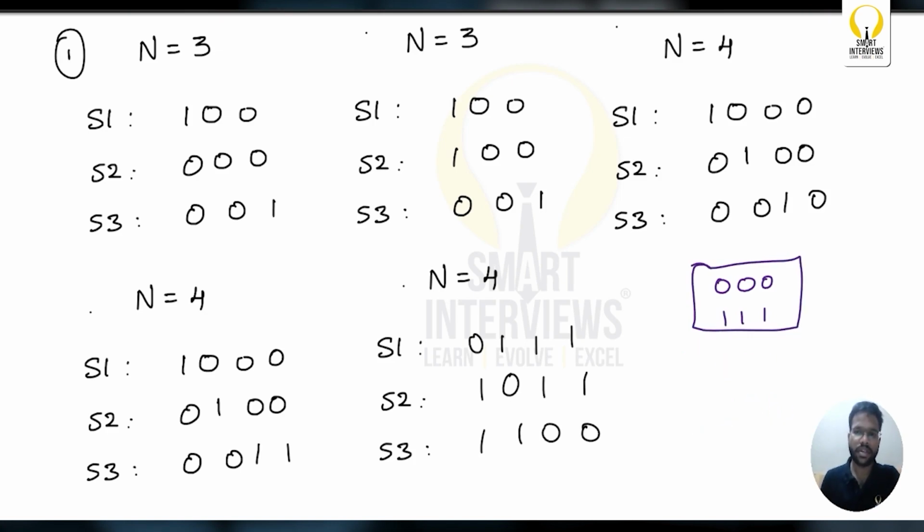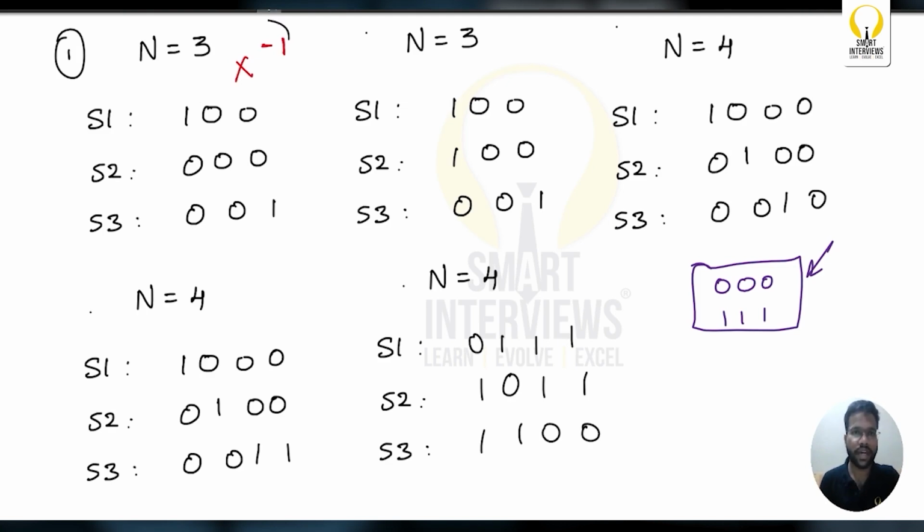Now keeping this property in mind, let us test, can we make these identical in any number of steps? It's impossible because the count of zeros and count of ones is not matching the property. And what should be that property? Observe carefully. Here it's impossible, so the output will be -1.